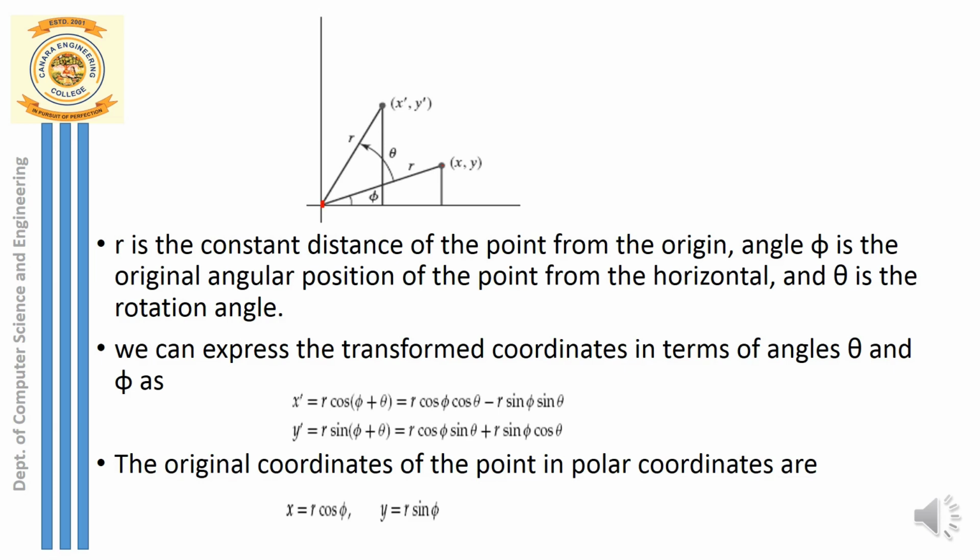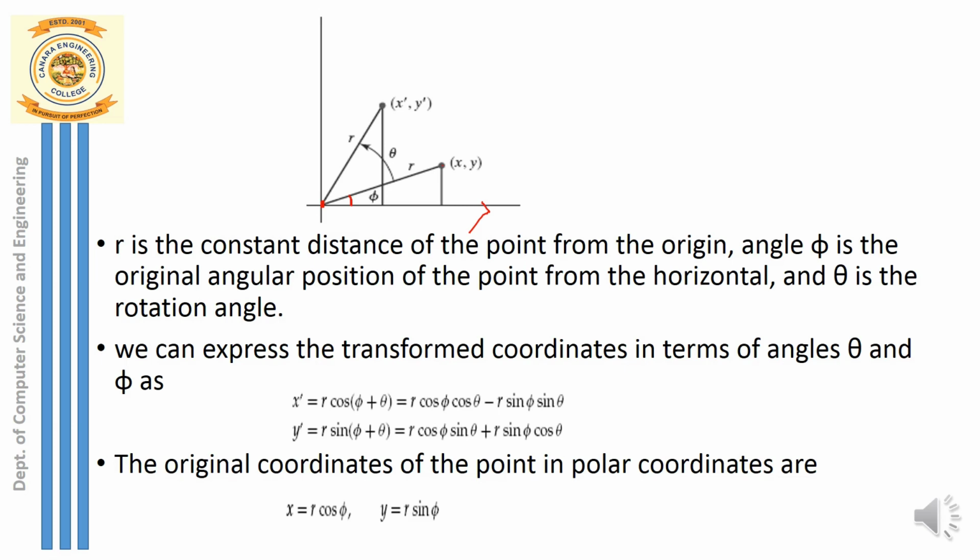Already we notice that this line is tilted with respect to the x axis. So what is that angle? It is angle phi. Remember, I have not applied any rotation till now, so I am just showing you that this line is already tilted, and that angle phi is with respect to the x axis.